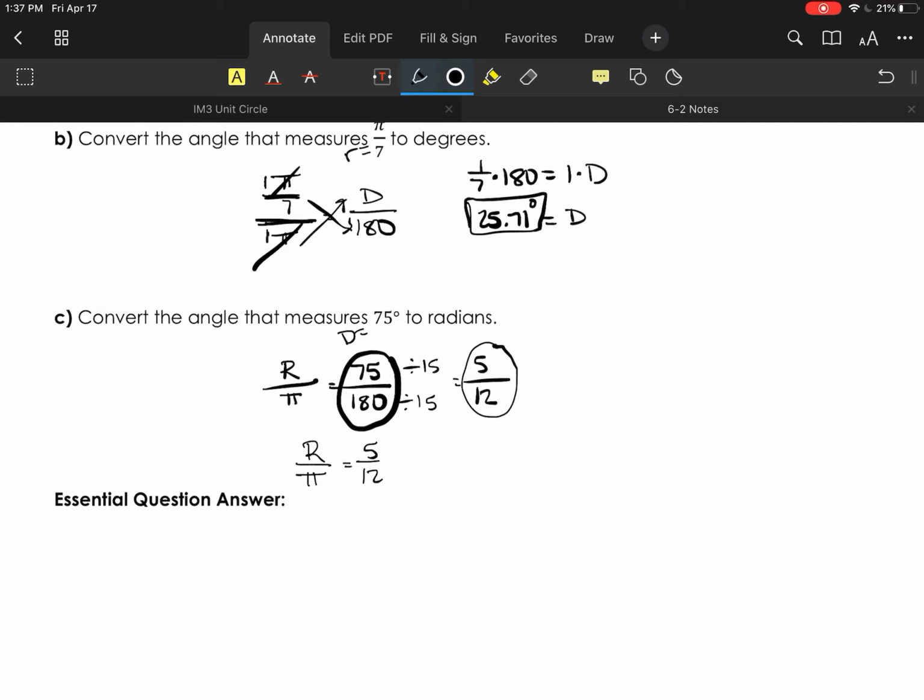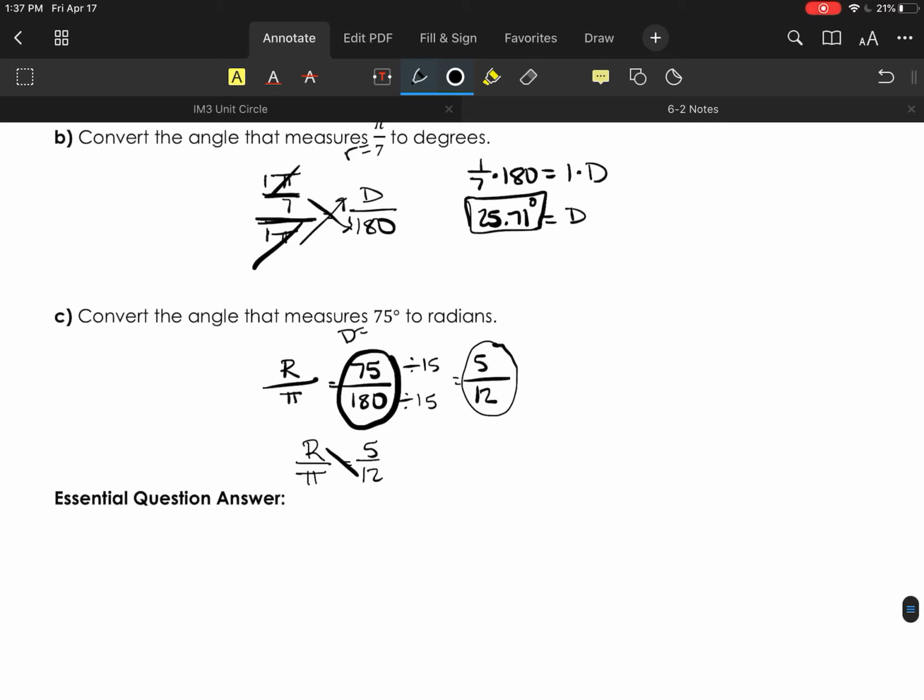Also, you can tell this is reduced now because they don't have anything in common. 5 and 12 have no common factors. 5 is prime, okay? And now you're going to end up with your answer in simplest form if you reduce it here. You can reduce it in the end, but it's just easier to reduce from the beginning. Sometimes you won't have to reduce, okay? Sometimes you'll already have something that doesn't reduce down, but typically you will have to reduce.